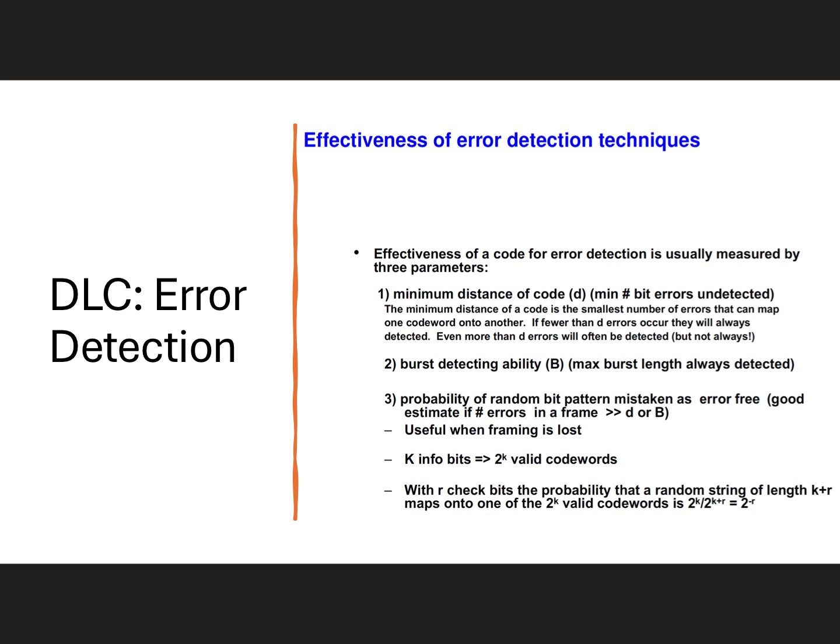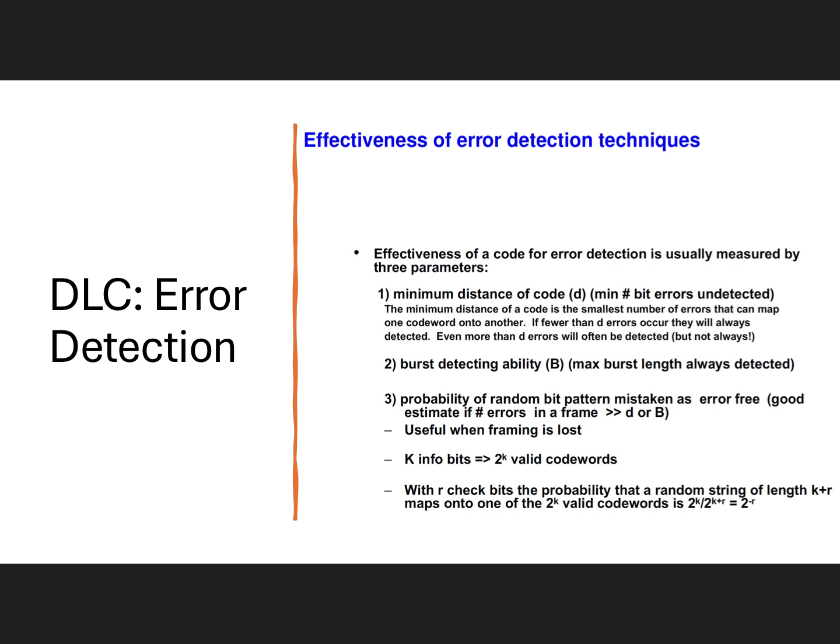And we looked at the CRC, which does the same, but the way of calculation is rather than being just linear binary equations, they become nonlinear equations that uses some division methods, as we'll see later. Before going into the two different methods, we looked at what are the parameters that we use to calculate the efficiency of any error detection method.